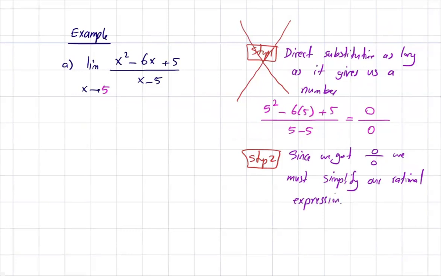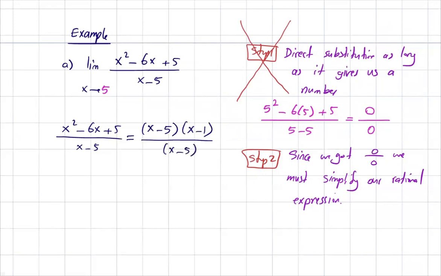So in simplifying your rational expression, x squared minus 6 times x plus 5 divided by x minus 5 can be simplified into x minus 5 times x minus 1. Then you divide it by x minus 5, which is on the denominator. You can get rid of the common factor. So this guy is simplified to a linear expression.